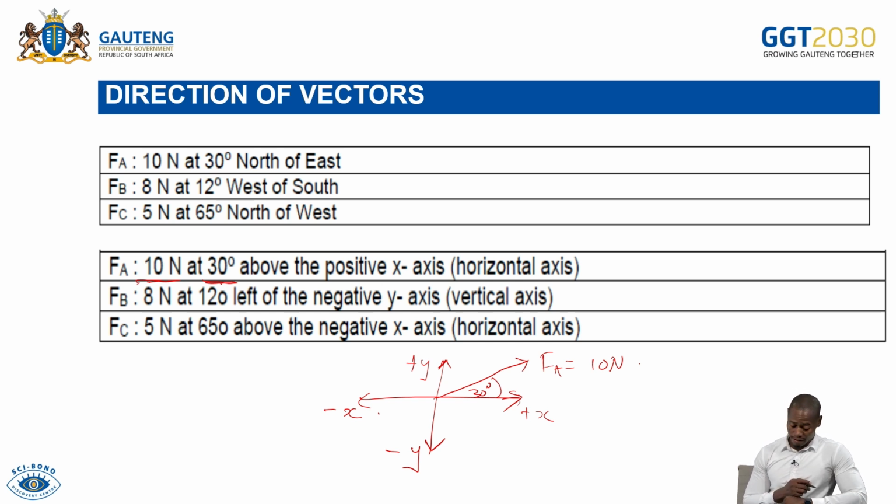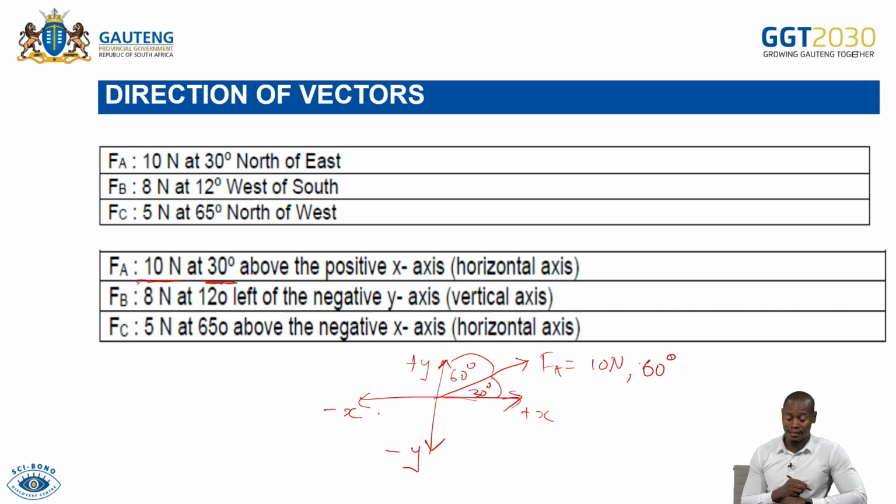You can see that this is 30 degrees above the positive x-axis. Or if here you are given 60 degrees, you're going to say my Fa is 10 newtons, that is the magnitude, at an angle of 60 degrees.